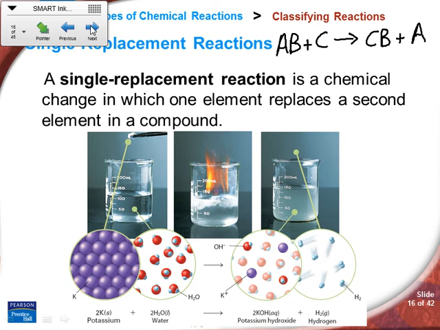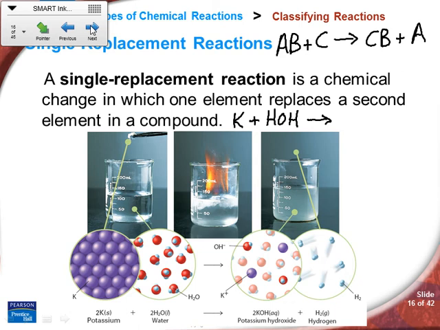Now, the example of this, the potassium and the water, and this is what you're going to write for your example here, K plus, and I'm going to write this kind of weird because I think it'll help you see it better. That's water, right? Yeah, I know what I told you before, but in this particular instance it works better because you can see the potassium is now going to kick out this front hydrogen here.